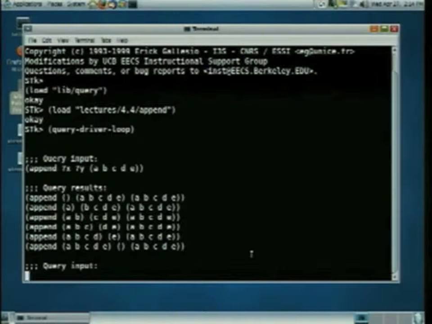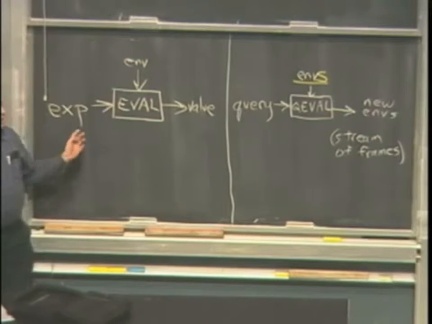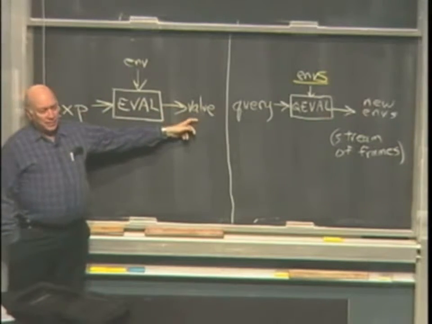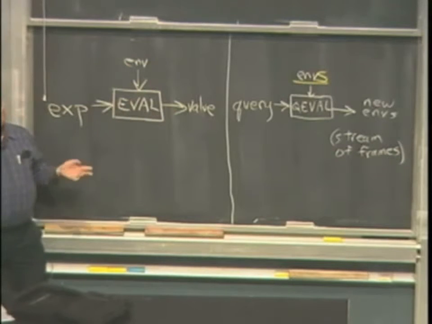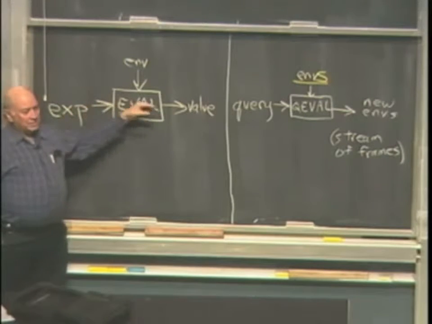So here's Scheme's evaluator. It takes 2 arguments, an expression and an environment. I've drawn the environment off to the side because if you think about what you really want from Scheme, you give it an expression and it gives you a value. And the fact that there's an environment involved is just sort of a detail. So this is the main pipe through here.